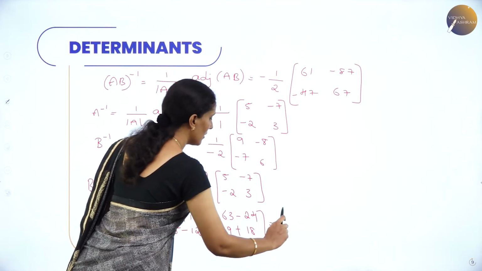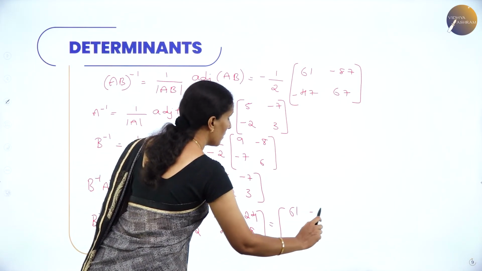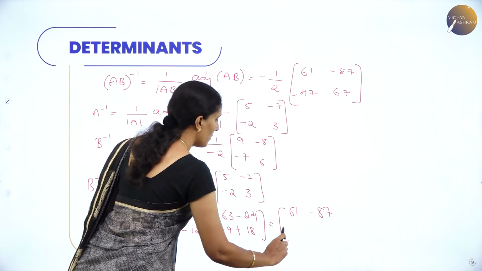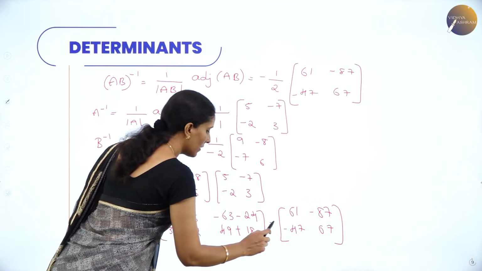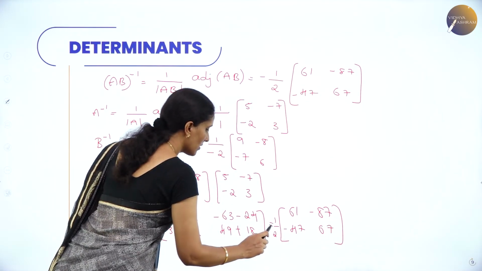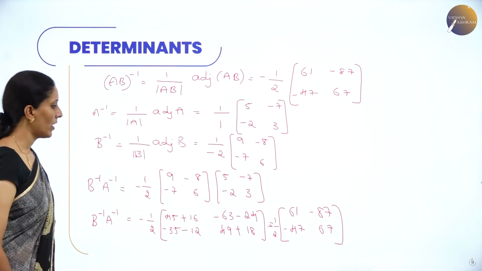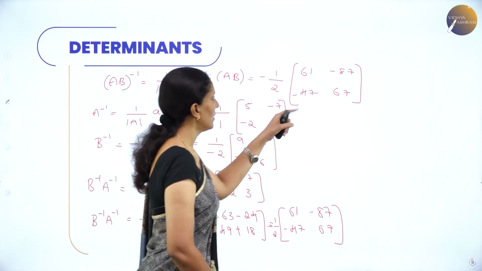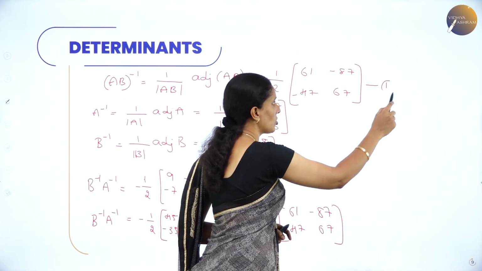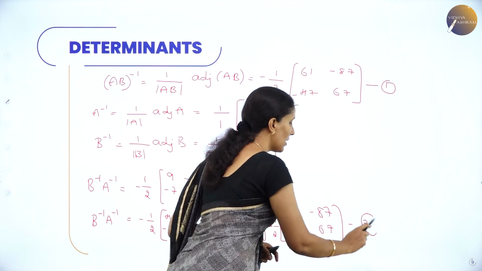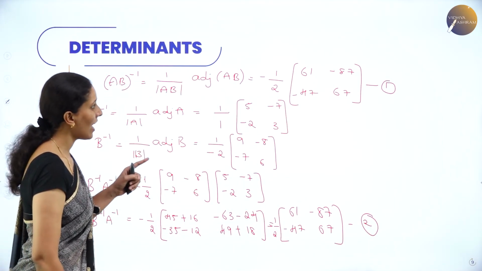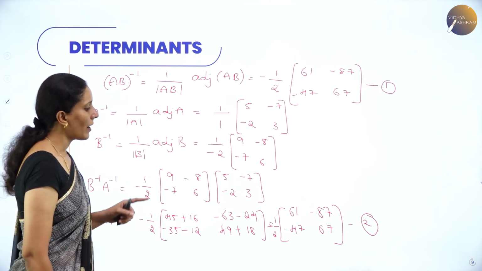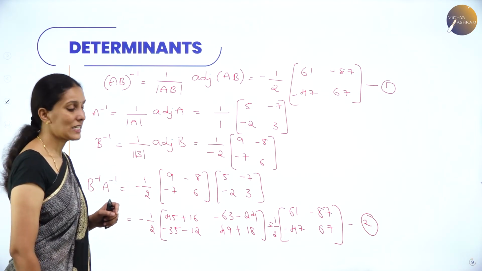So the answer is here 61, minus 87, minus 47 and 67. Outside we have here 1 by 2, that is minus 1 by 2. Hence clearly you can see here, if you consider this as equation 1 and consider this as equation 2, both are one and the same. That is both are minus half into [61 minus 87; minus 47 67].